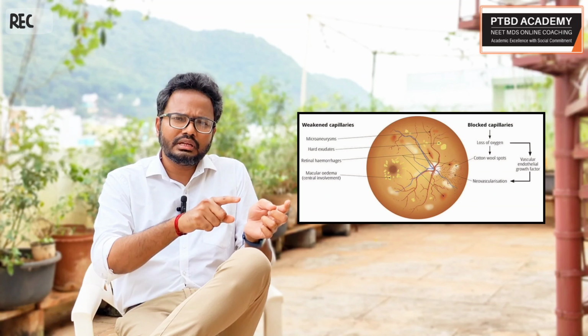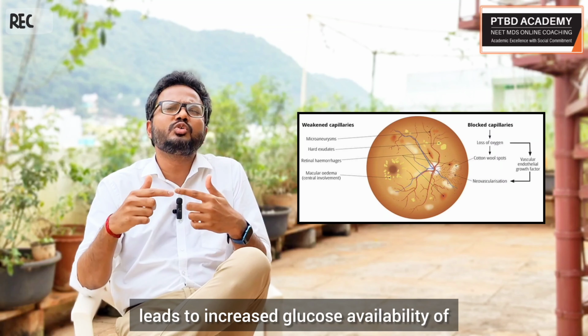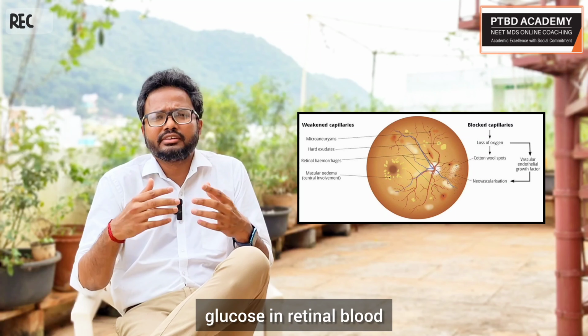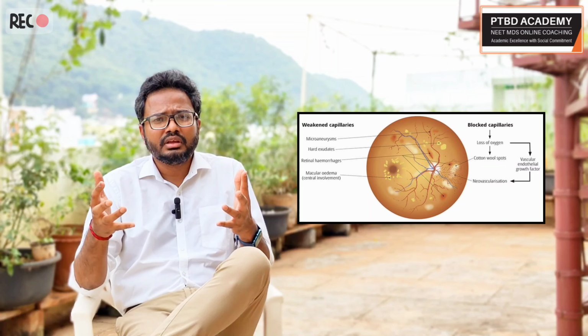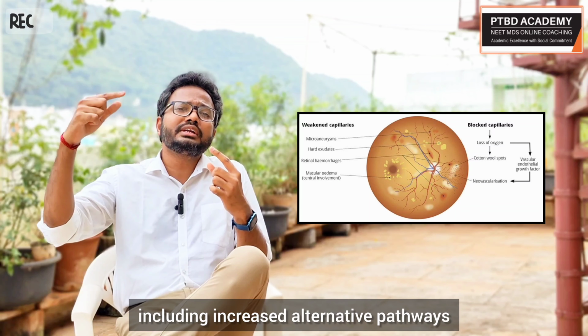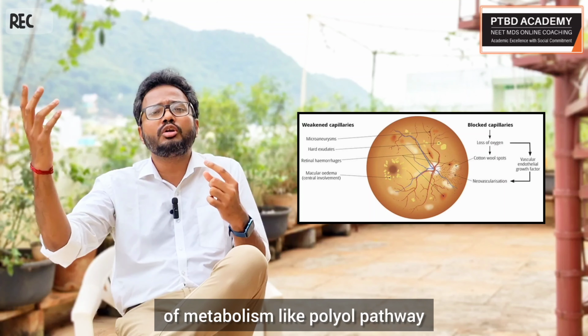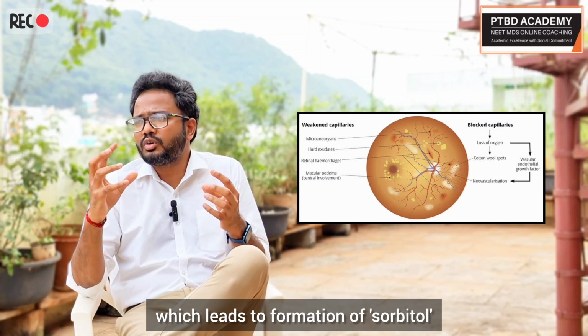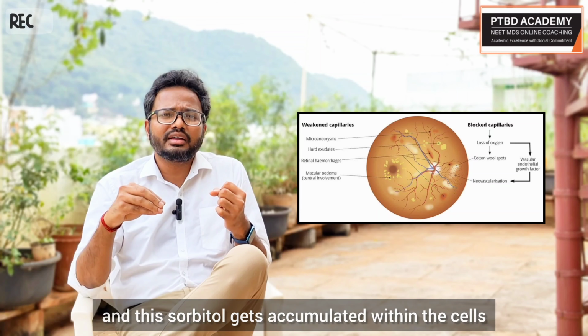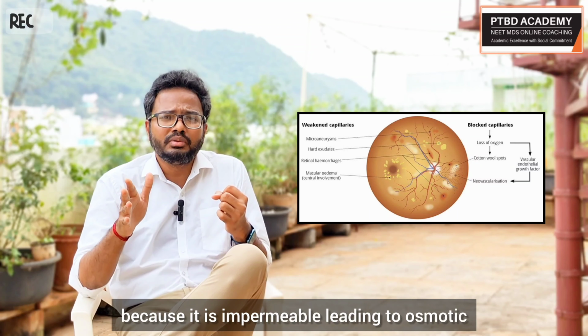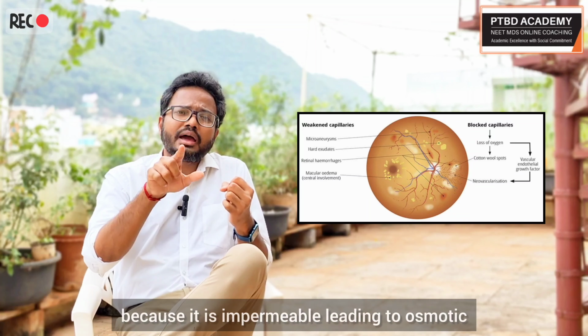Hyperglycemia leads to increased availability of glucose in retinal blood. As a consequence, there is increased metabolism, including increased alternative pathways of metabolism like the polyol pathway, which leads to formation of sorbitol. And this sorbitol gets accumulated within the cells and it doesn't go out because it is impermeable, leading to osmotic damage of the cells.